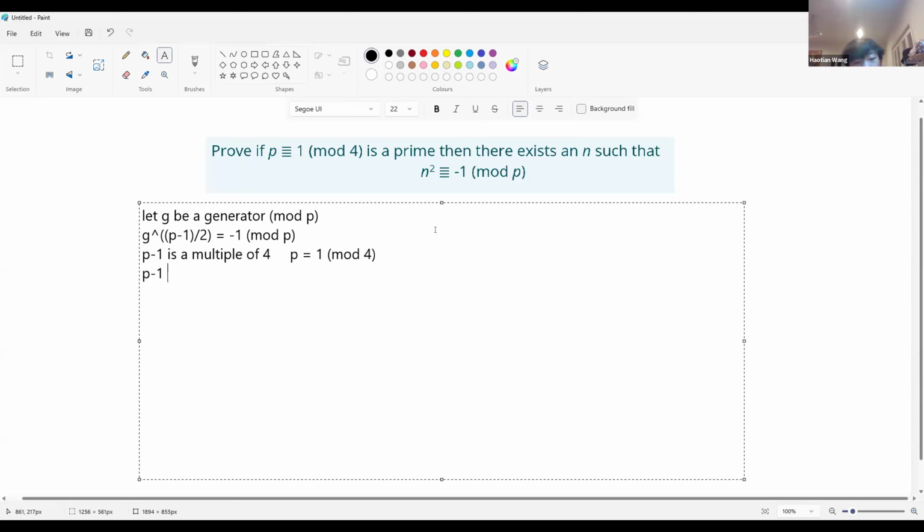So p minus 1 over 4 is an integer. Let's say it's equal to n. And now we know g to the n, squared, is congruent to g to the p minus 1 over 2, which is congruent to negative 1. So, yep, that's that.